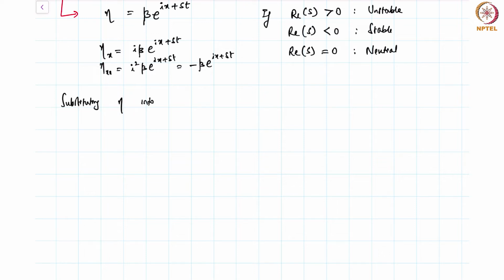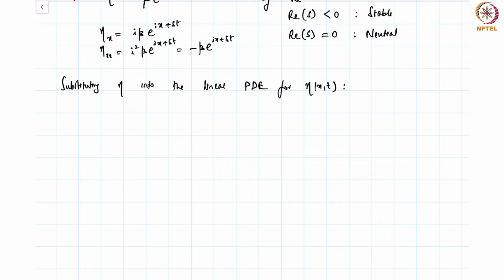We will get S is equal to G bar by 3 I square minus 1 by 3 C bar I to the 4 minus A bar of I square.